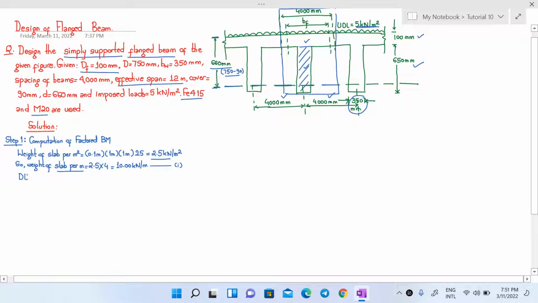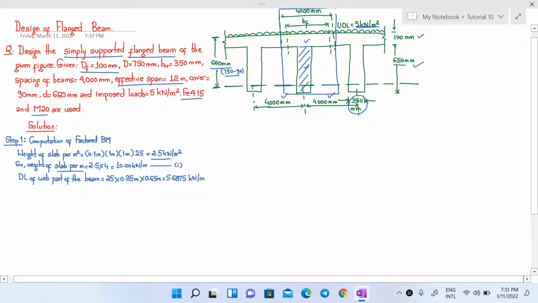So dead load, or DL, of web part of the beam will be given by, again, 25 kilonewton per meter cube, which is the unit weight of concrete, into the width of our web, which is 350 mm, that means 0.35 meter, and the depth of this web is 650 mm, that is 0.65 meter. You will get this to be 5.6875 kilonewton per meter.